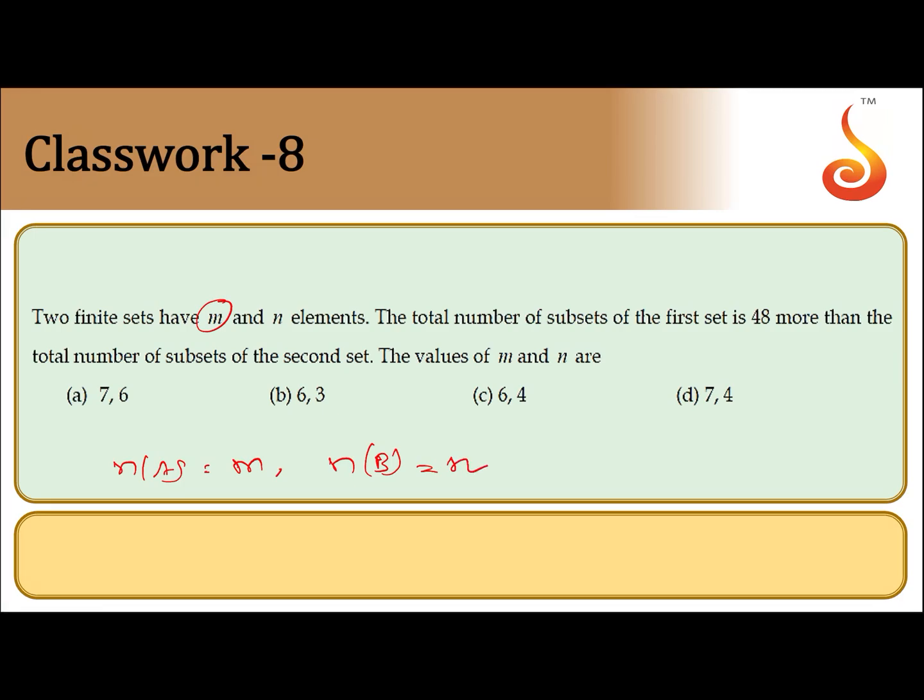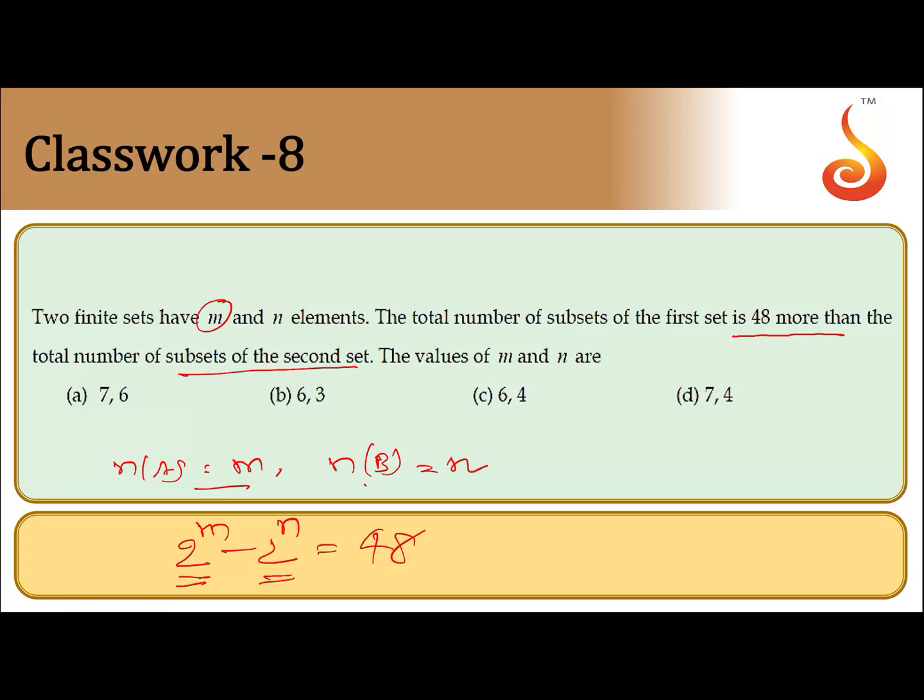The number of subsets of the first set is 2 to the power of m, which is 48 more than the total number of subsets of the second set. So the difference between the number of subsets of the first set and the second set is 48.